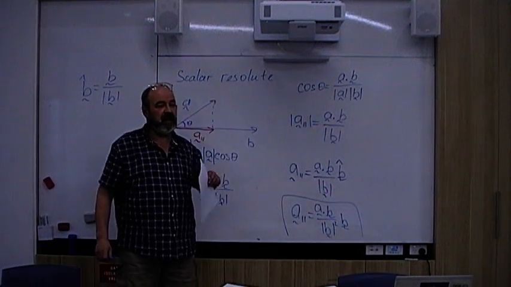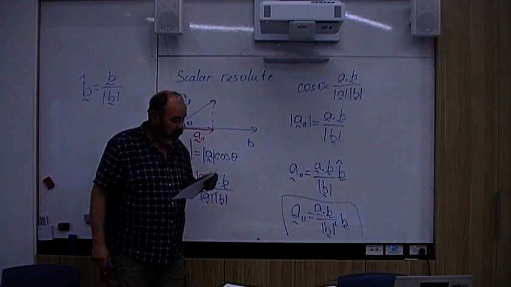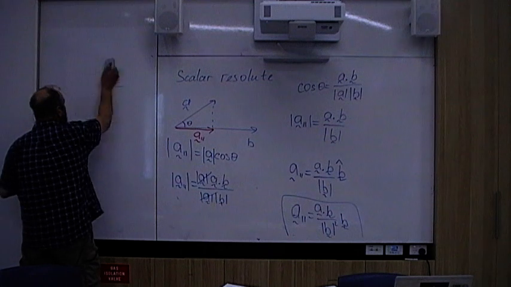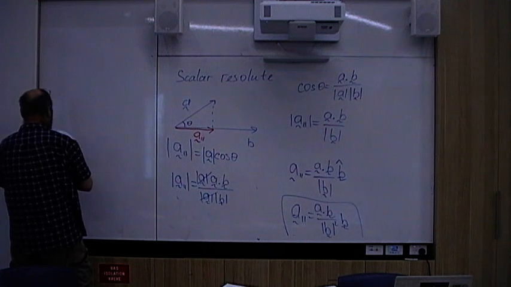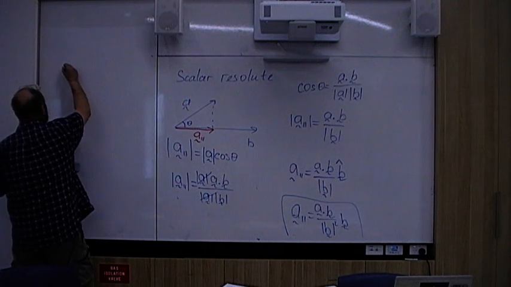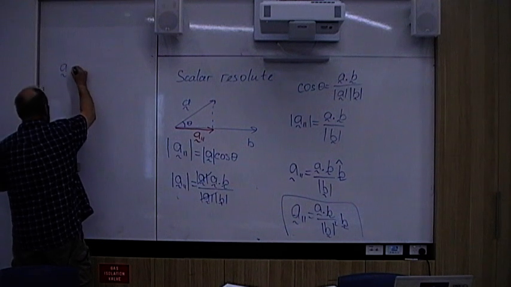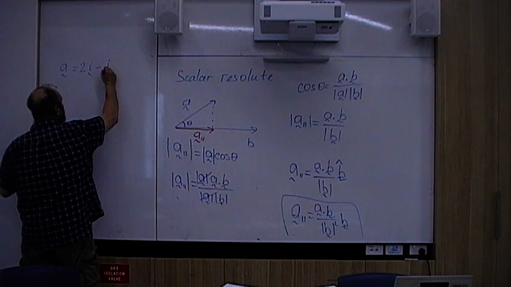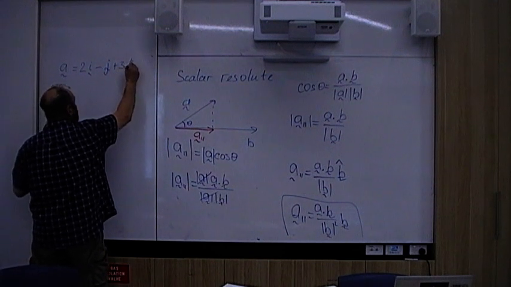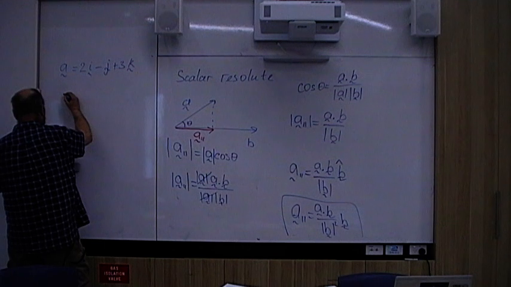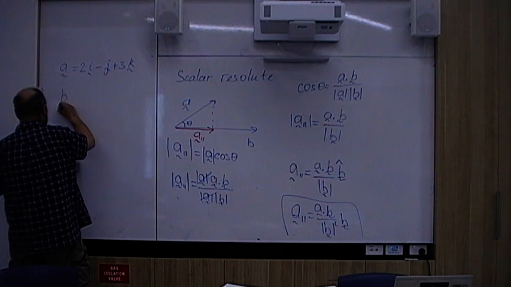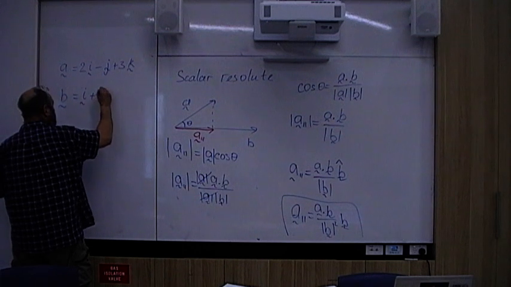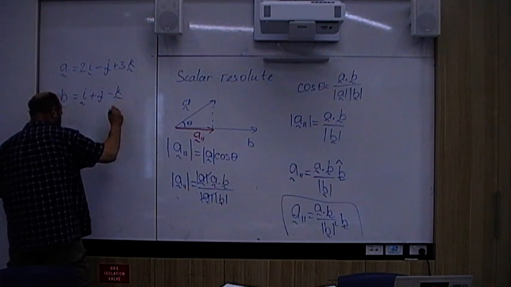Let's open page 31, example 10. We have two vectors. Vector A equals 2i minus j plus 3k, and vector B equals i plus j minus k.